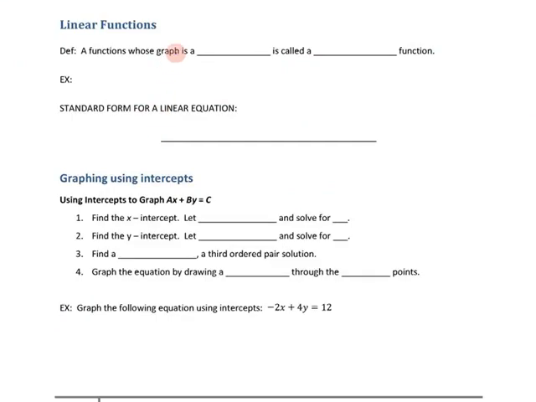Let's begin by defining what we mean by a linear function. A function whose graph is a line is called a linear function.